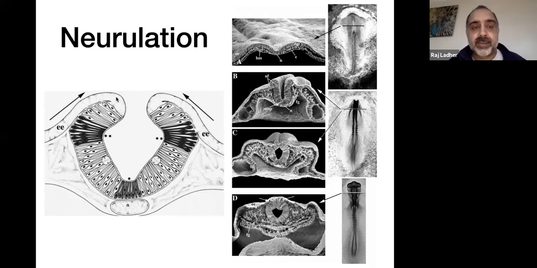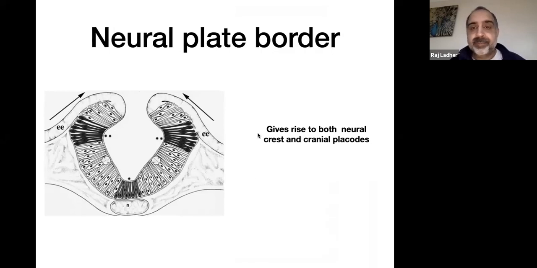The surface ectoderm will give rise to the skin generally, and the neural ectoderm will give rise to the CNS. And there's a border here, which is something special. This border will give rise to a structure called neural crest and to cranial placodes.